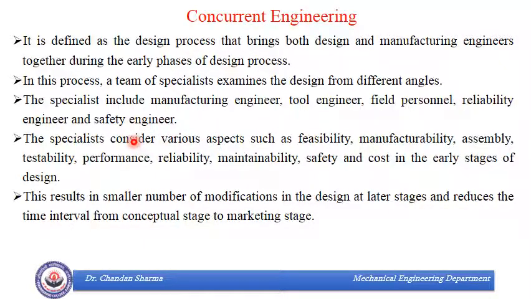The specialists consider various aspects such as feasibility, manufacturability, assembly, testability, performance, reliability, maintainability, safety and cost in the early stages. As a result, a smaller number of modifications in the design at later stages are expected, which reduces the time interval from conceptual stage to marketing stage. It reduces the cost also.